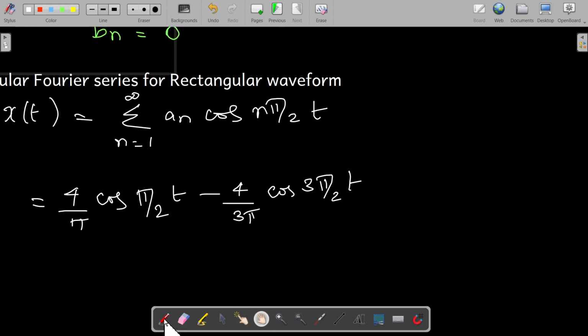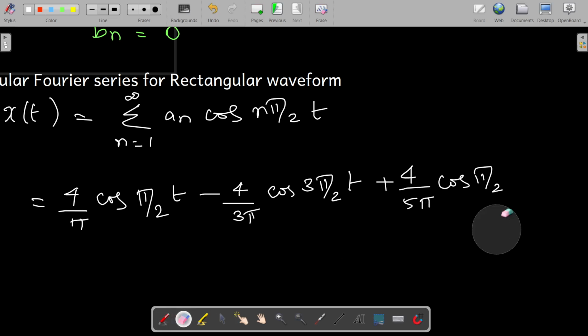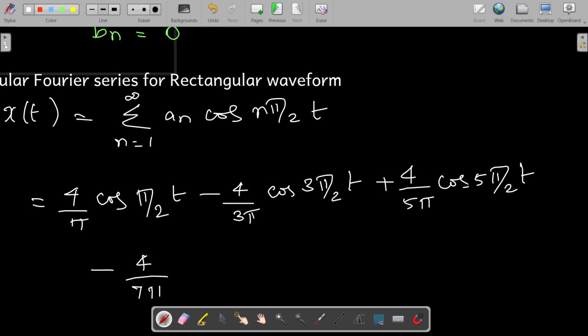Okay, then we have the fifth one. n equal to 5, so it is plus 4 by 5 pi into cos of 5 pi by 2 t, then minus again 4 by 7 pi cos 7 pi by 2 t.